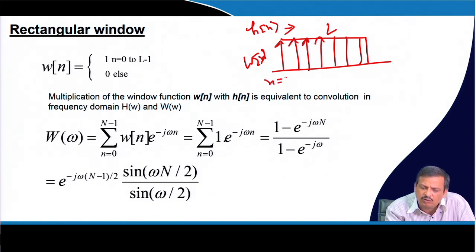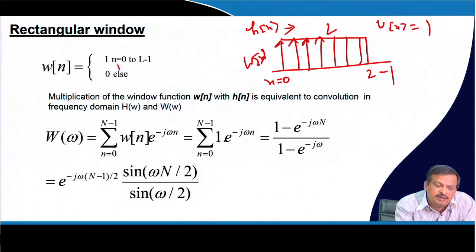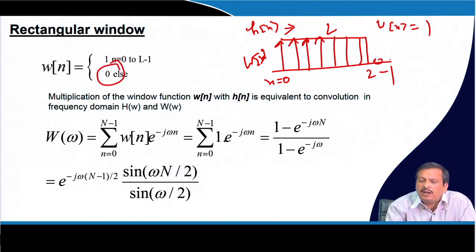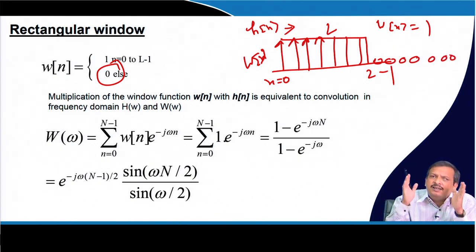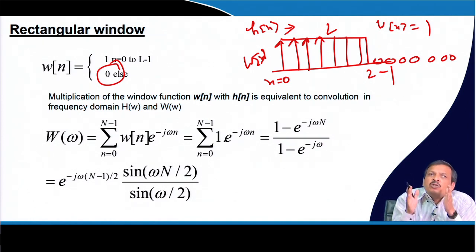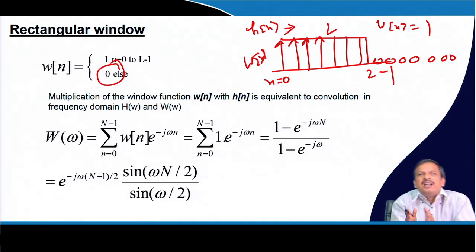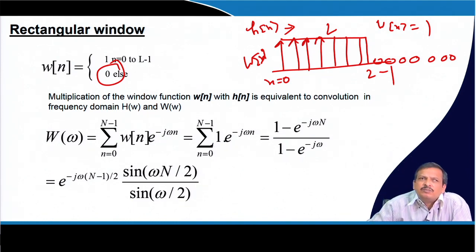So, for n equal to 0 to L minus 1, all w of n are 1, else it is 0. So, I define a window which has unit impulse response 1 for a duration L, that is n equal to 0 to L minus 1, elsewhere it is 0.